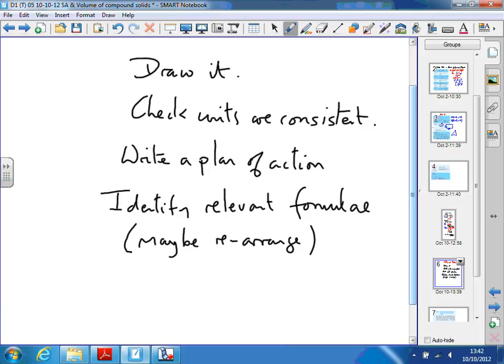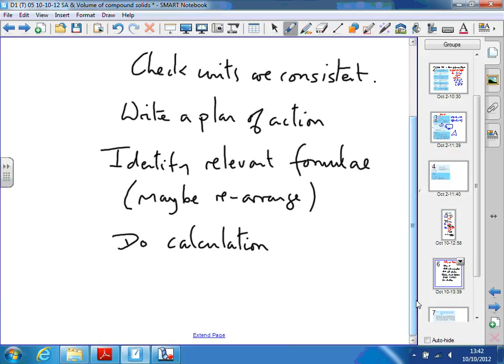And then do the calculation. So once you've written your plan, you identify the relevant formula, you do the calculation, in other words, you carry out your plan, and then finally you give your answer with unit and accuracy.